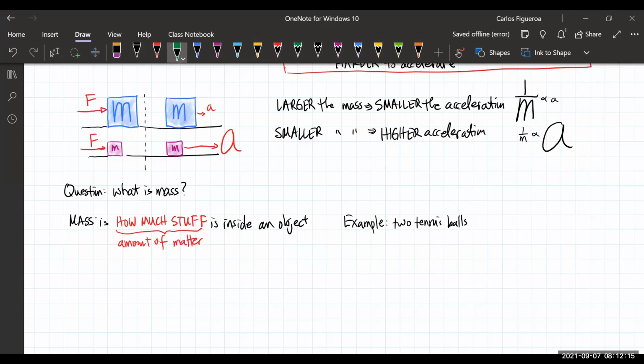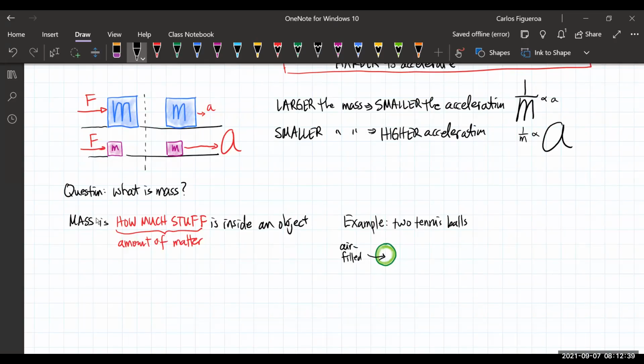And what you see here is that the inside of this guy is an air-filled tennis ball.